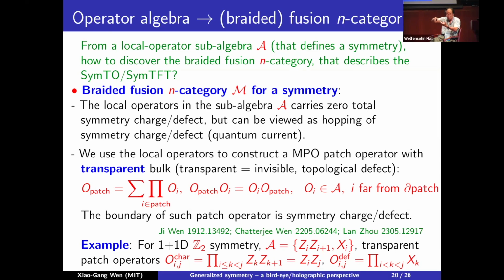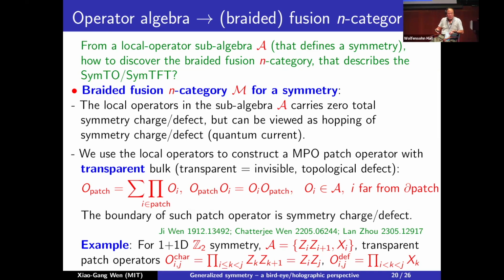They're like a hopping operator for a pair of charges. Similarly, this local operator can also be viewed as the hopping operator of a symmetry defect. It creates a symmetry defect and an anti-defect, like a hopping operator or like a current.